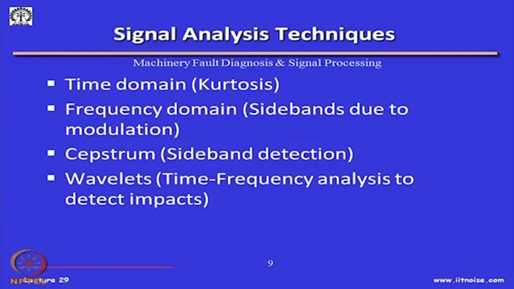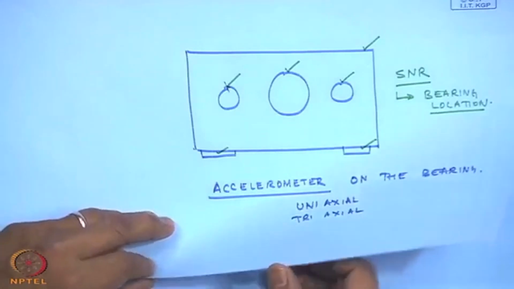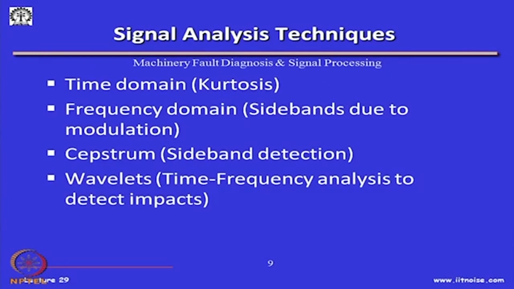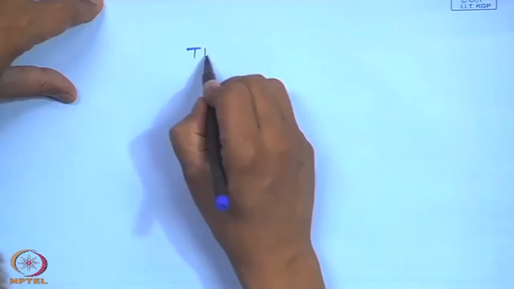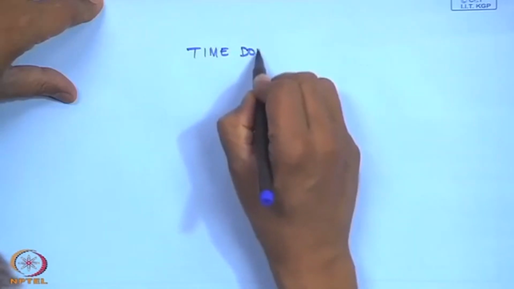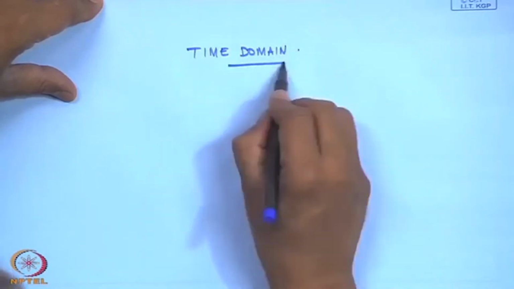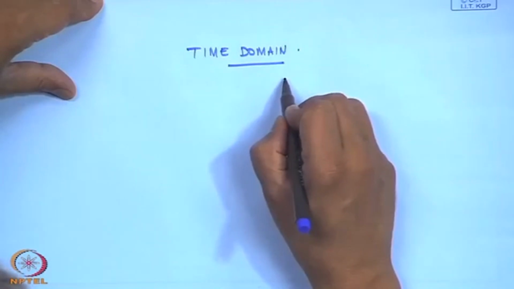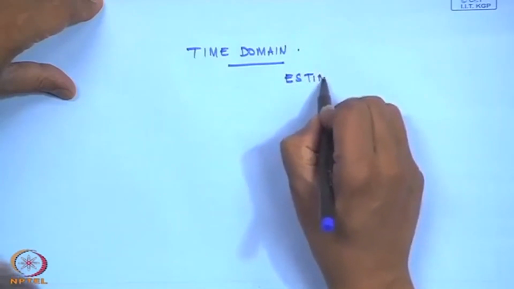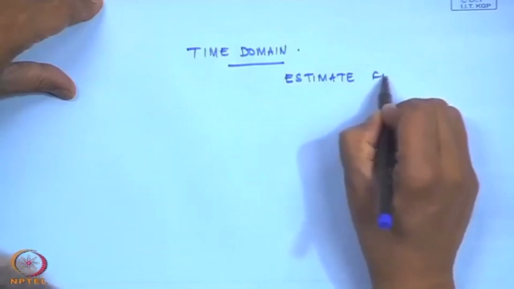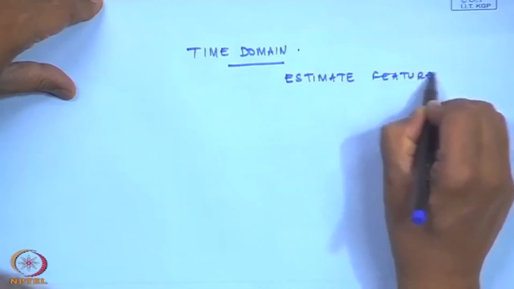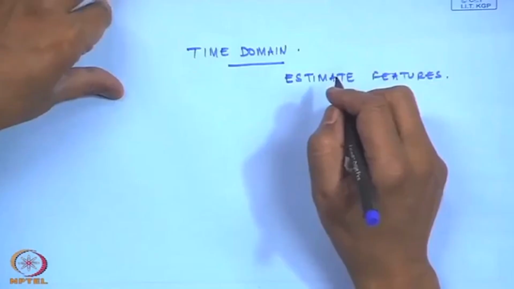Now, once this vibration from the gearbox has been captured, we can do what is known as the signal analysis, and signal analysis can be done in many types. Of course, the very basic signal analysis one does is the time domain. In time domain, we can of course always estimate its parameters or estimate the features, and there are many features we can estimate from the gearbox time domain signals.